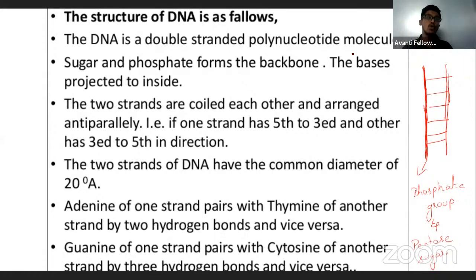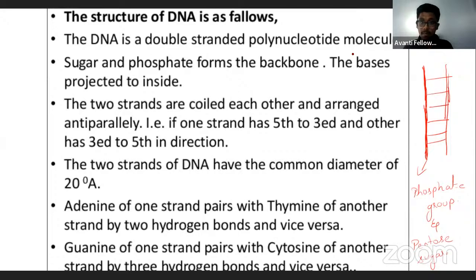It is just to know the direction. So we call it 5 prime end and 3 prime end to designate the direction. It does not have a significant meaning, we use it just to bring an understanding of direction. Apart from that, it does not have much significance, guys.